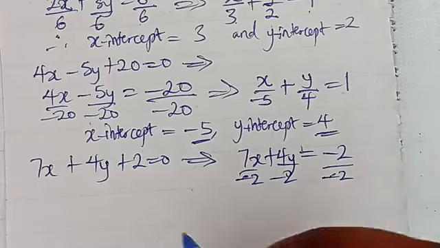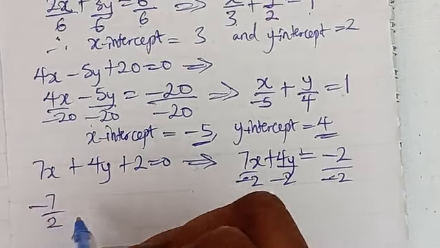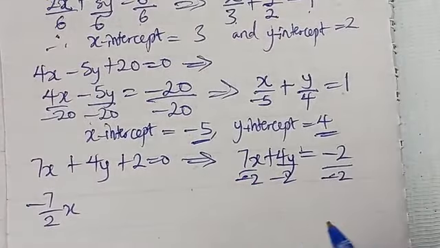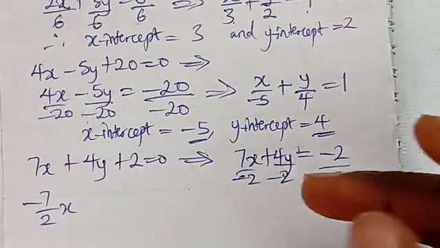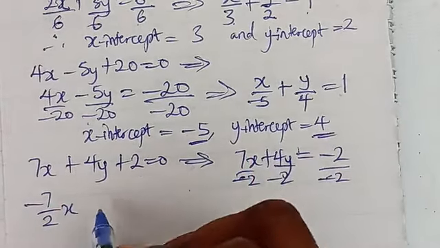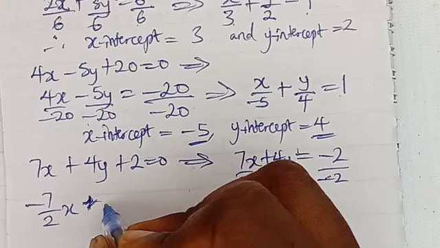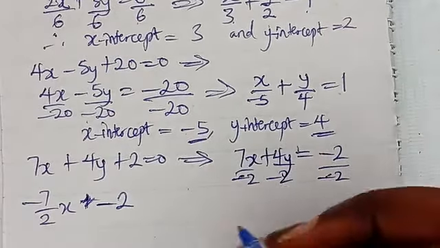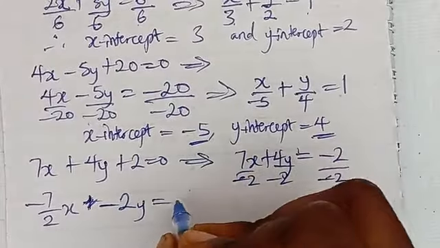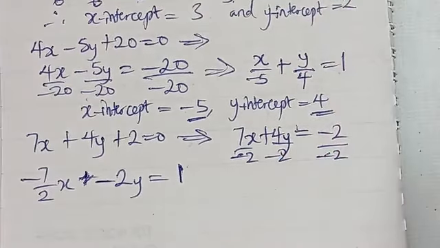When we do this, we are going to have negative 7 over 2 x, because we just want to leave it as an improper fraction since it can't divide through. 4 divided by negative 2 is going to give us negative 2y equal to 1.